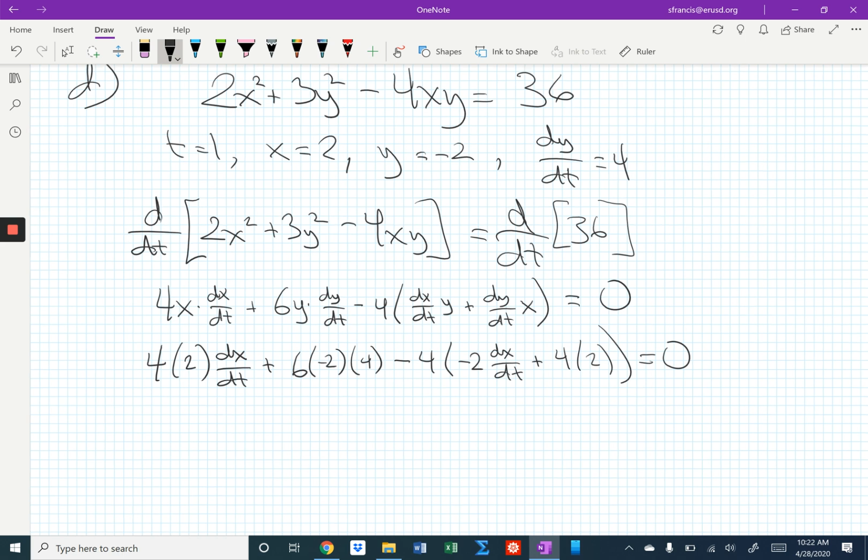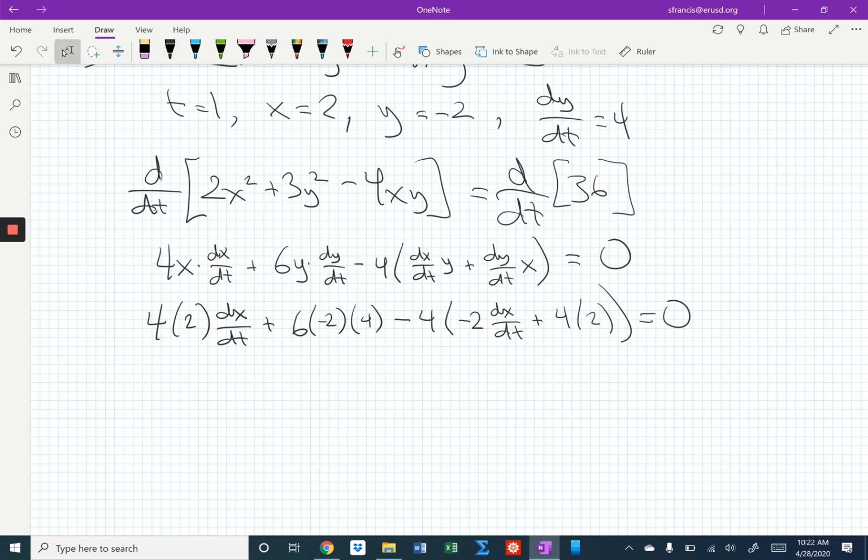And there's only one unknown here. It's in a couple different spots, dx over dt, but it's just arithmetic, which is just advanced arithmetic. Minus 48, so that's 24 times 2. And then I'm going to distribute here. So I'm going to get a plus 8 dx over dt.